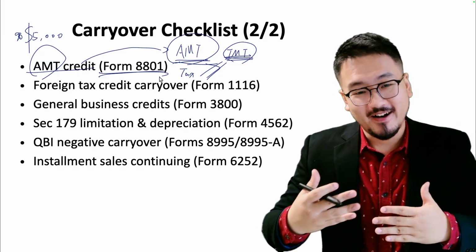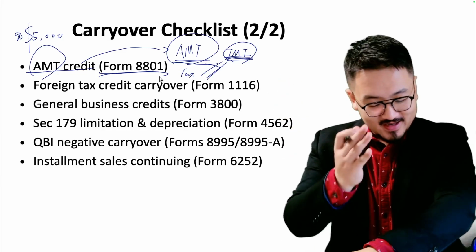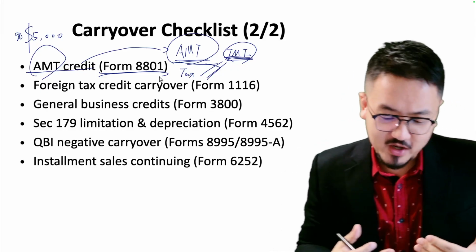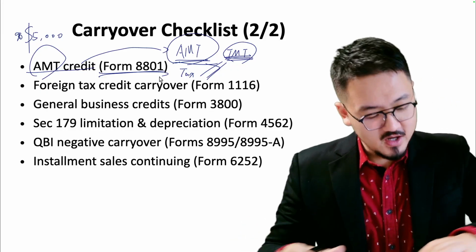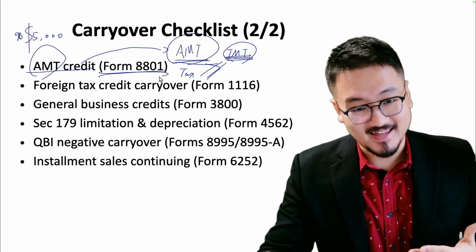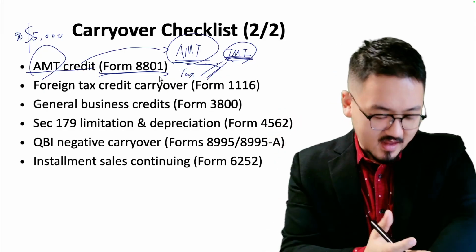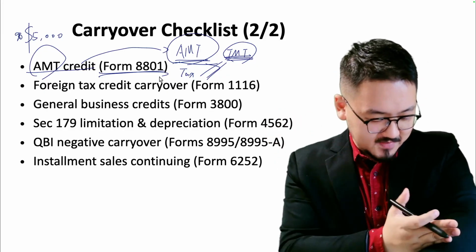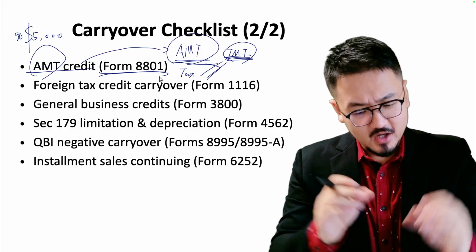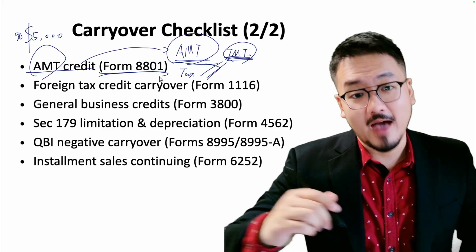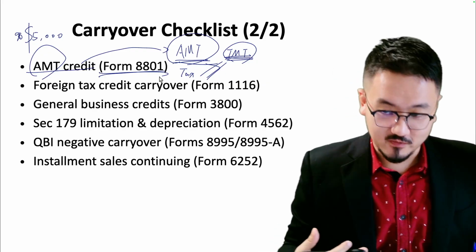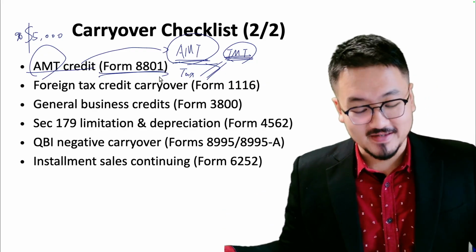You can't just take one snapshot and say that's enough information. You need time-related data, and you use all these snapshots to infer what will happen this year. What's connected? What's the carryover? So that's the AMT credit.